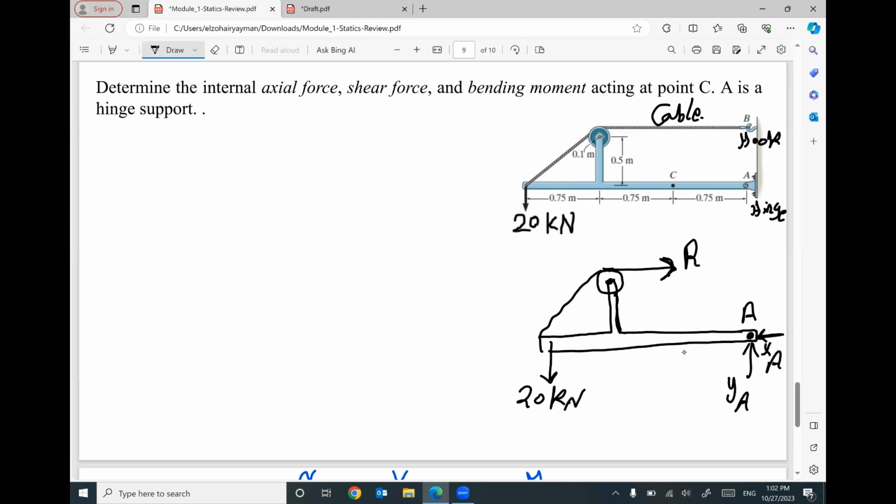That makes sense? So the new idea in this problem, if you have a cable, then I need to remove this cable and put only one reaction in the same direction of the cable. Then I'm ready to apply your equilibrium equation, summation f of x equals 0, summation f of y equals 0, summation moment at any point equals 0.